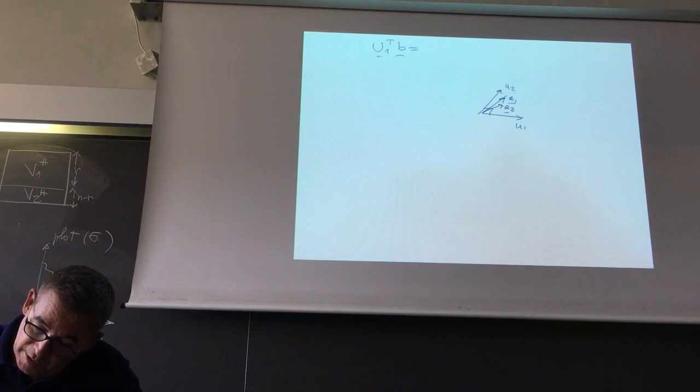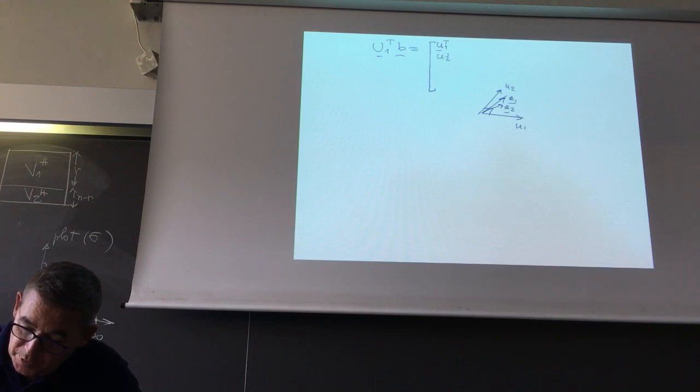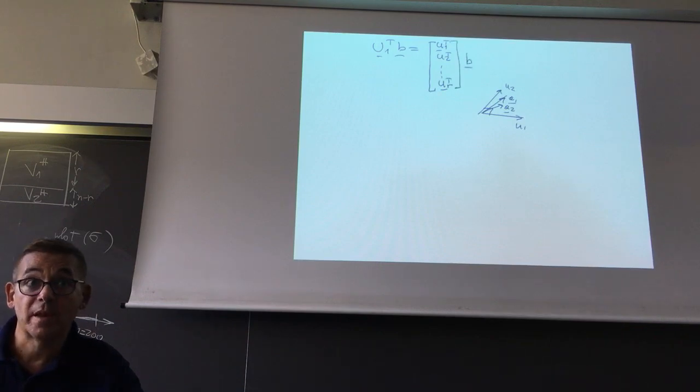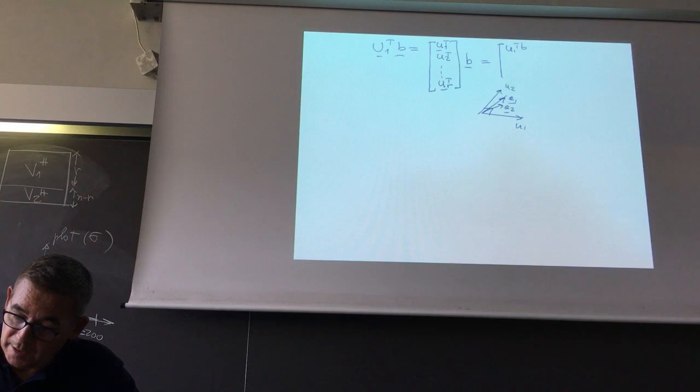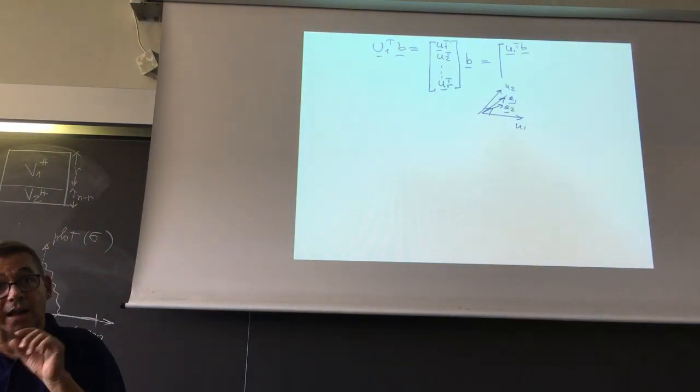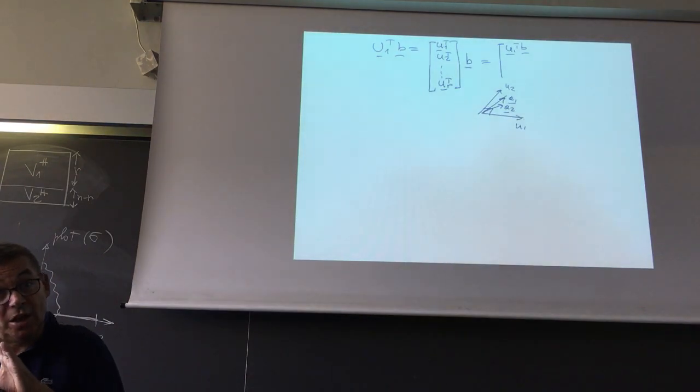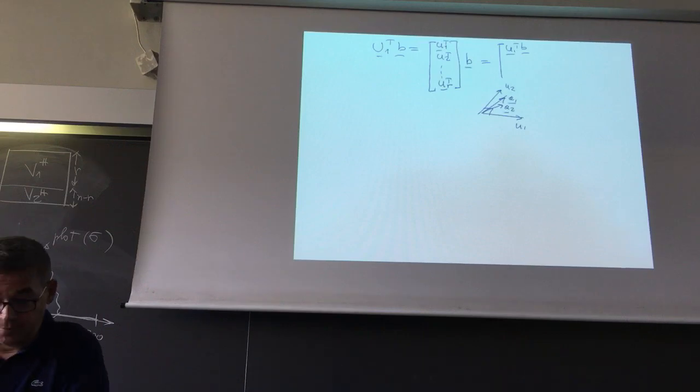This U1 transpose is vector U1, vector U2, vector UR, multiplied by B. So, which is a vector, is U1 transpose B. Which means I take a vector B and I calculate the length of the projection of vector B onto the direction you want.